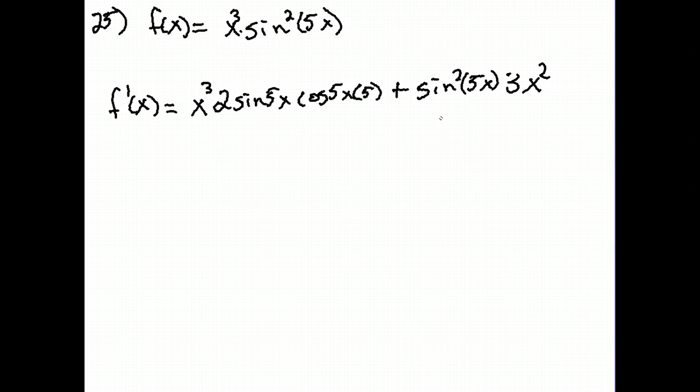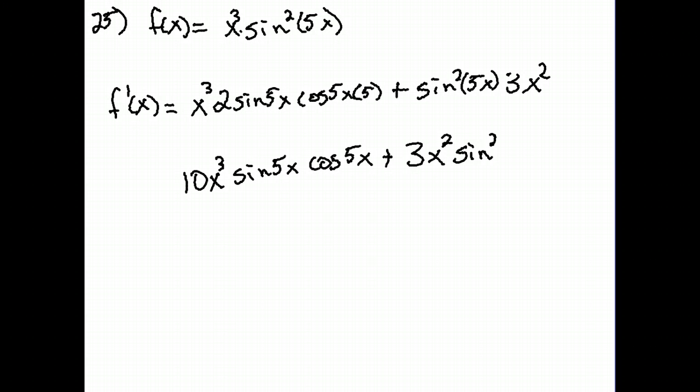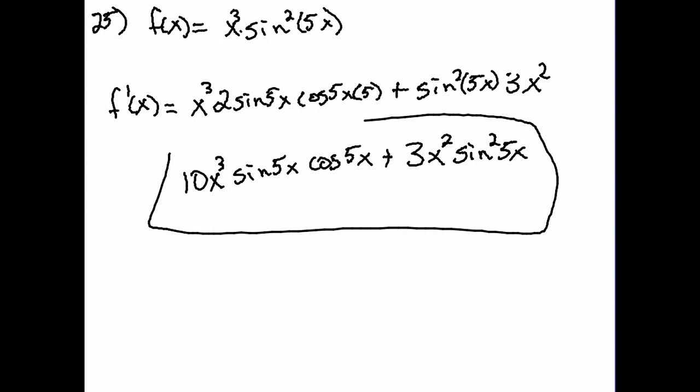Okay, so let's clean this up a little bit here, and we see that the 2 times the 5 gives us a 10x cubed, and then we get a sine of 5x times the cosine of 5x plus 3x squared sine squared of 5x. Now, we could clean that up using maybe some trig identities, but we're just going to go ahead and leave it like this and say that this is our f prime function.